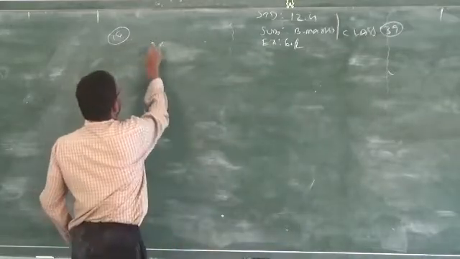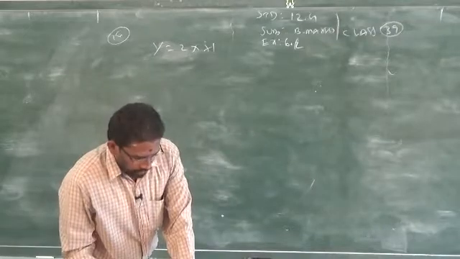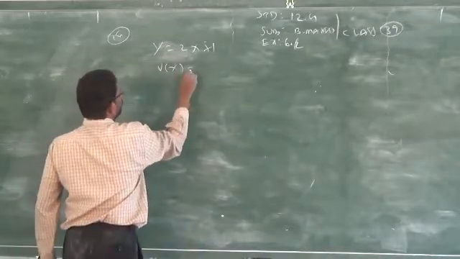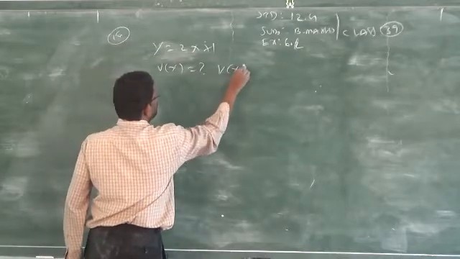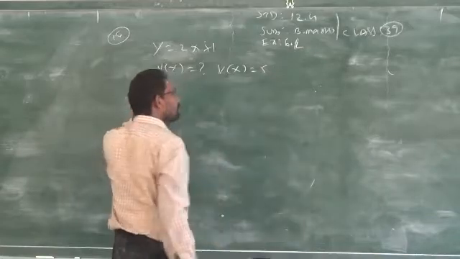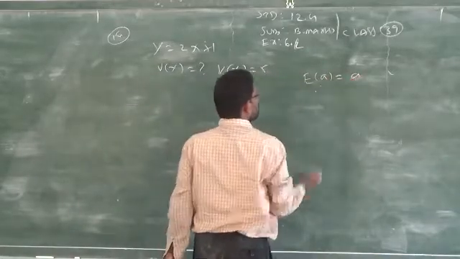Now, question number 15, it is given: let x be the random variable and y is equal to 2x plus 1. What is the variance of y if the variance of x is, how much is given? 5. It is given. So, we have some basic properties: the expectation of a constant value is the constant.